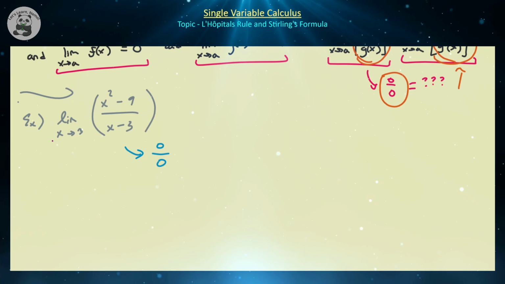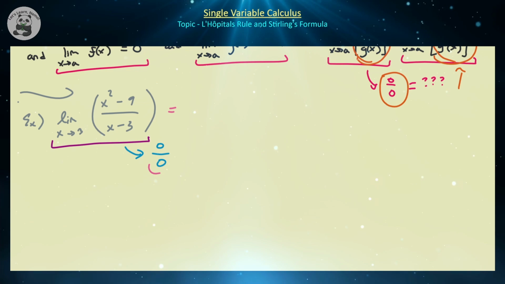Now, you probably already know how to evaluate this limit via factoring, which you probably did back when we first introduced limits. But now we have L'Hopital's rule, and the derivative of x squared minus 9 and the derivative of x minus 3 are independent from each other, so we can just apply that rule directly.